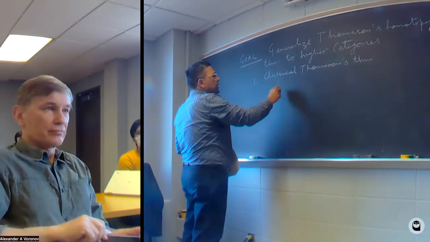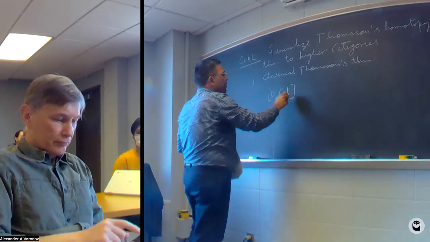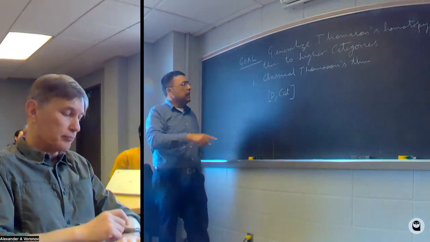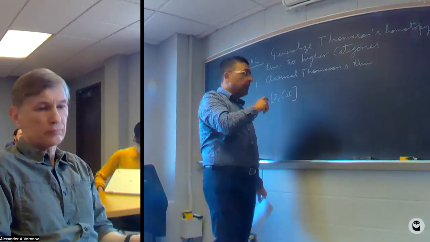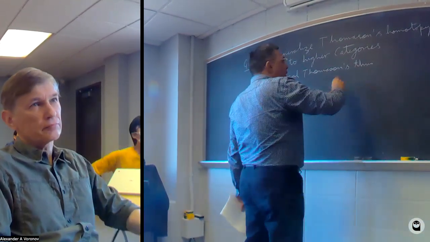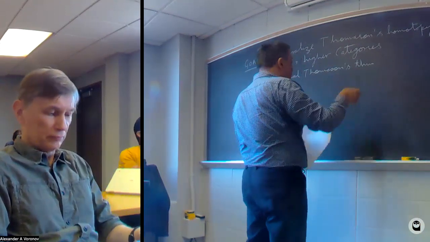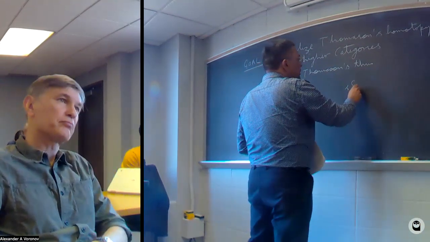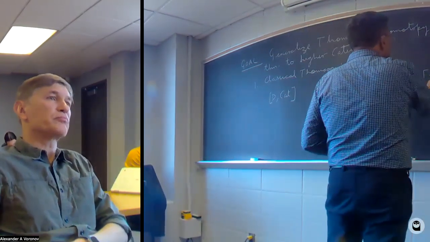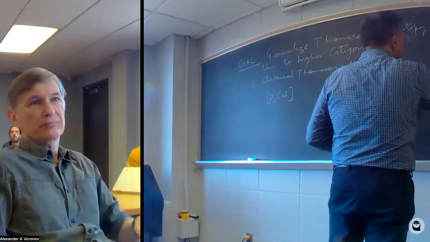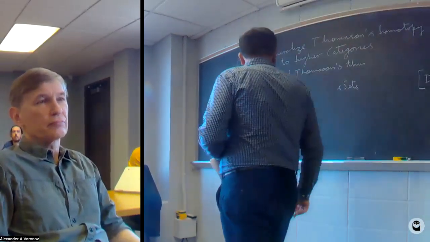Now, this is the category of functors from D. D is a small category. So this is the category of functors from D into Cat. Then we have the category of simplicial sets. In here again, I'd like to see Cat.